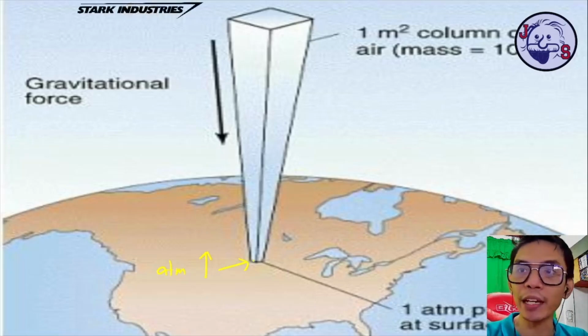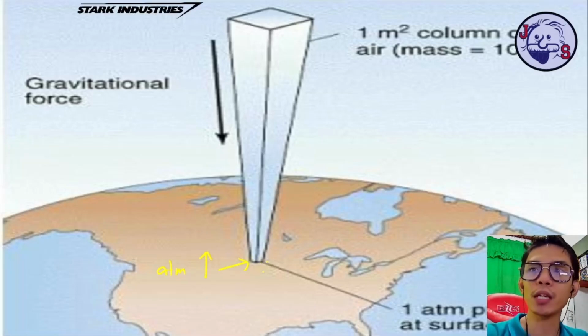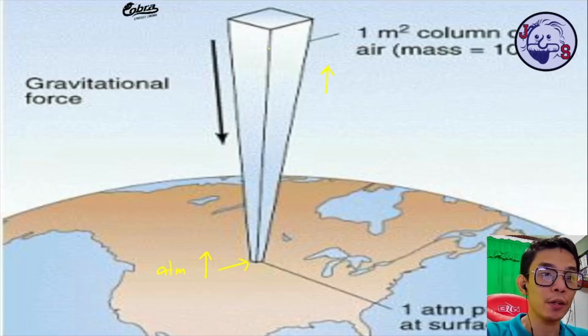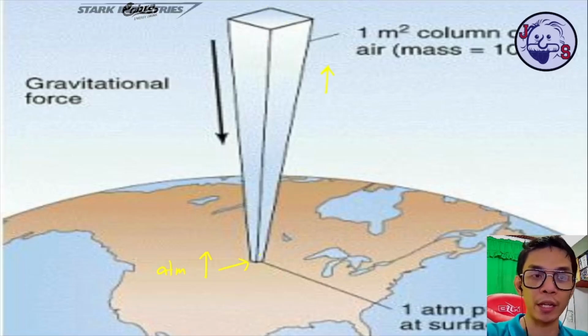And therefore, the area becomes less and less. As you can see, as you go up in the atmosphere, the area of that column of air increases. When you go to the surface of the earth, the area decreases.